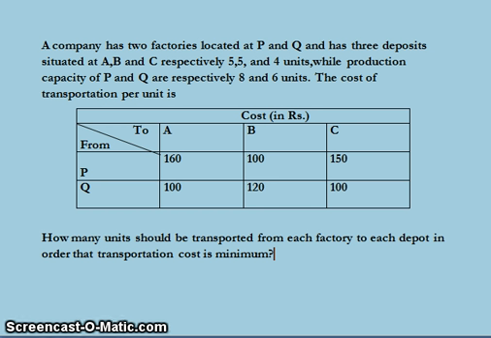And it is given in the question that the weekly requirement of the depots A, B, and C is 5, 5, and 4 units, while the production capacity of P and Q are 8 and 6 units.